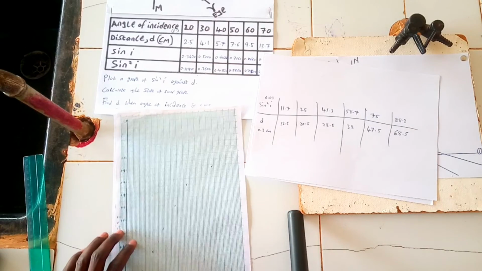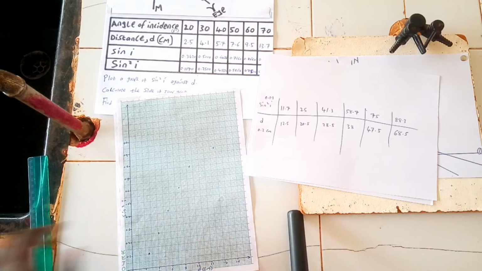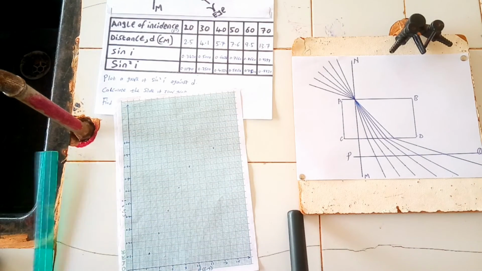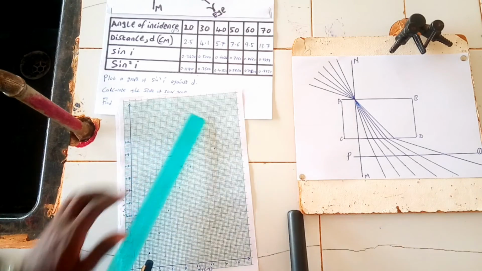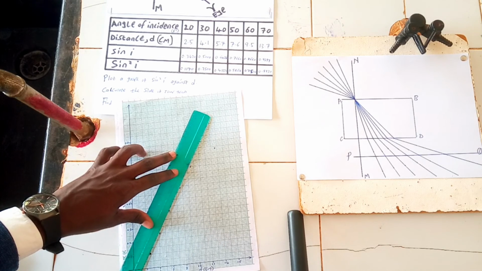So from there, viewers, now we complete the line of best fit. So we have the line of best fit now. So that means we join these points to obtain a line of best fit.